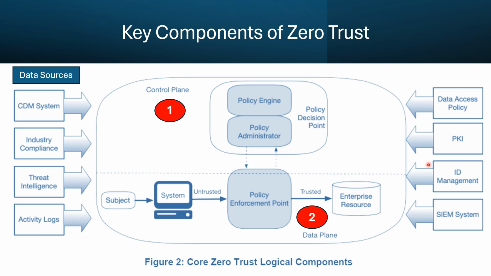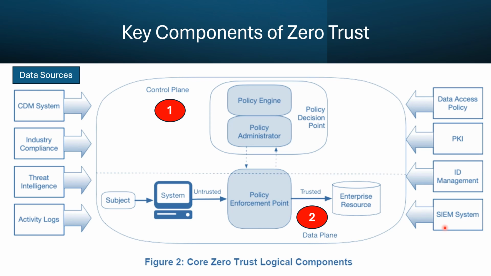Now, on the other side of the spectrum, again, it covers both the control plane and the data plane. We need to have data access policies. We need a public key infrastructure. We need ID management or identity management. We have talked about identity many times. And we also need a SIEM system, security information and event management systems.